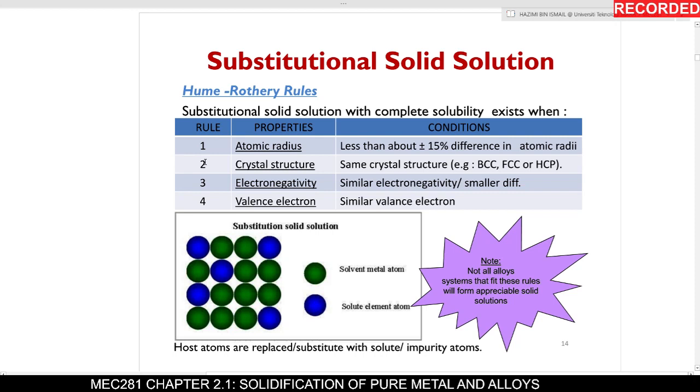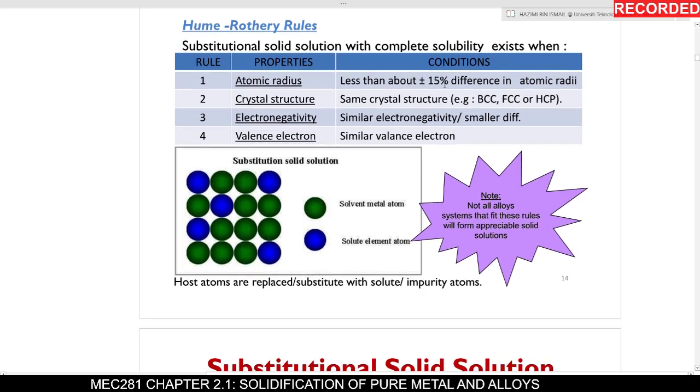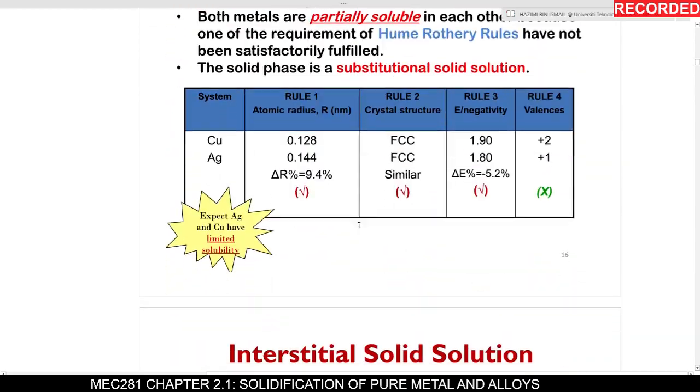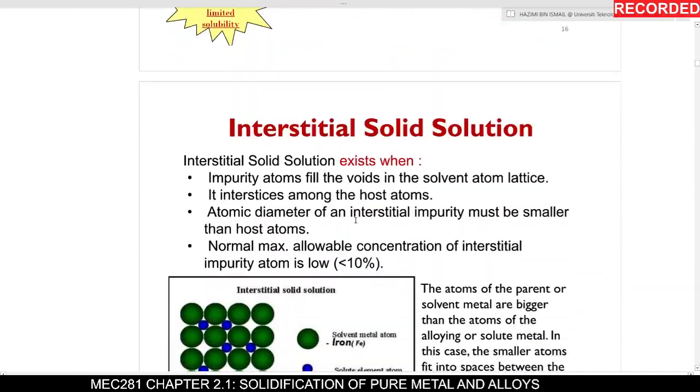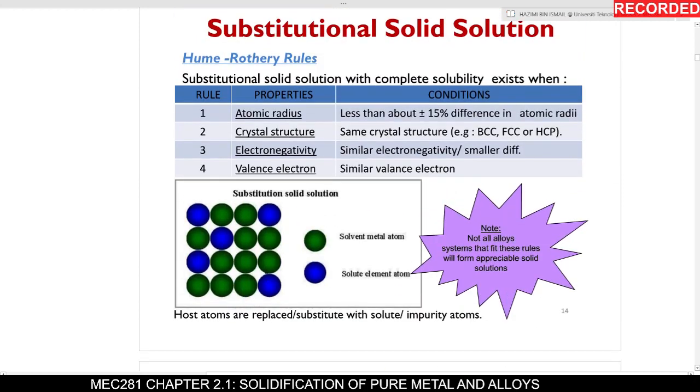If all the rules are obeyed, then it can be called a substitutional solid solution. The difference between substitutional and interstitial is that here the atom of the solvent is substituted with solid impurity atoms.